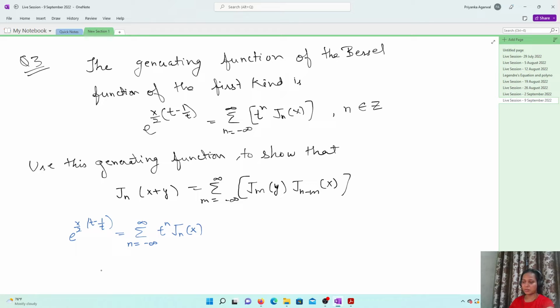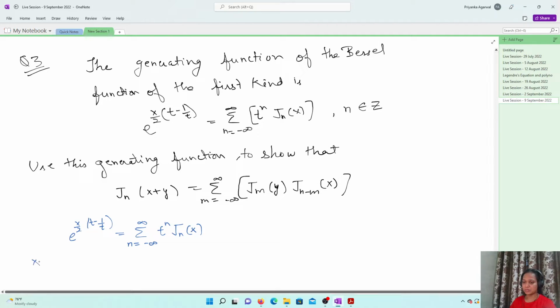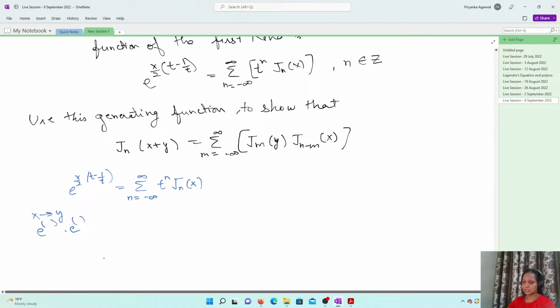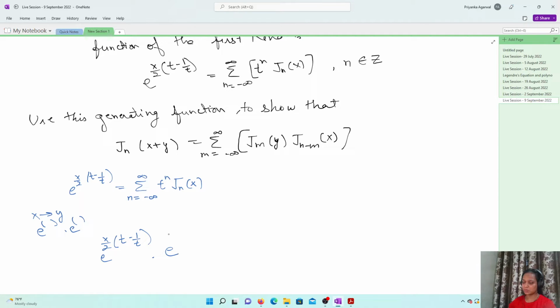Now if we substitute x with y and multiply both, e to the power in terms of x and e to the power in terms of y, what we will get is e to the power x by 2 into t minus 1 by t into e to the power y by 2 into t minus 1 by t.